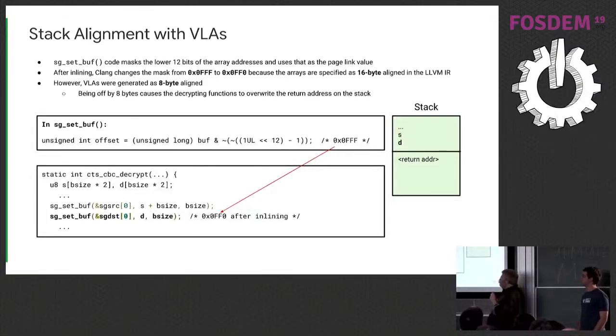And what was happening is after it set this buffer like this, it would put a whole bunch of data in there, of course, and it would end up overwriting the return address because of the misalignment. All the lower bits there would just be cleared out, and it would be off by 8, and everything would blow up. So that was kind of an interesting bug to find.